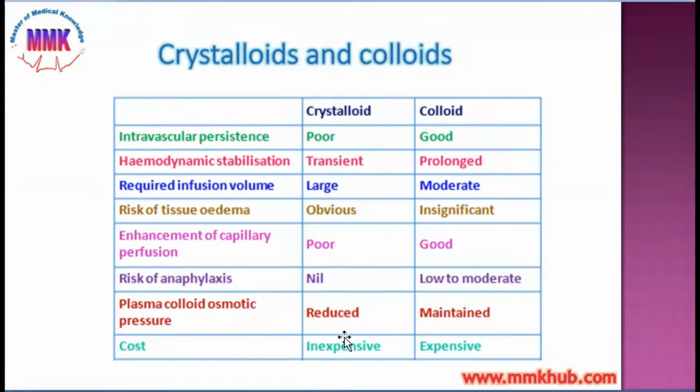But very important in clinical setups, crystalloids are inexpensive and colloids are expensive. So these two parameters, the inexpensiveness of the crystalloid and no risk of anaphylaxis, are why crystalloids are usually preferred. Otherwise, if we notice the parameters, colloid has a good spectrum of different parameters.